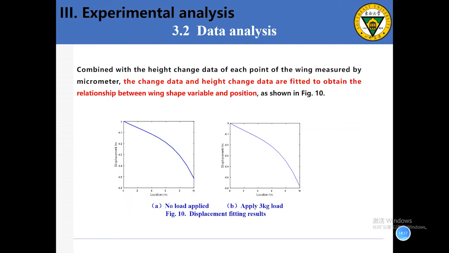This is displacement fitting result. Combined with the height change data of each point of the wing measured by micrometer, the height change data are fitted to obtain the relationship between wing shape, vibration, and position, shown in Figure 10.